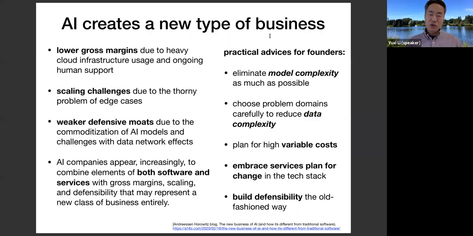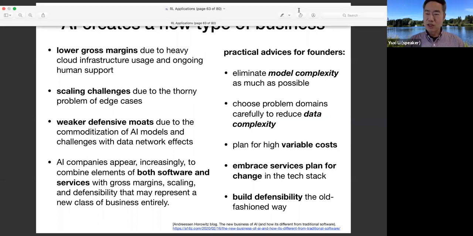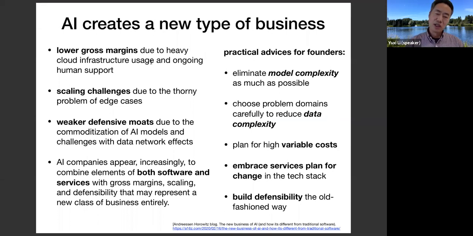Okay, so now we talk about something about the business world. People from, say, Andreessen Horowitz talk about the AI business, which is somewhat related to refining. Basically, there are still low gross margins, scaling challenges, and weaker defensive moats.